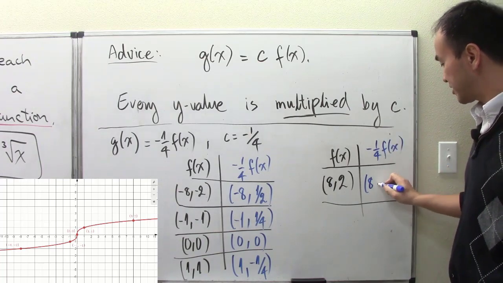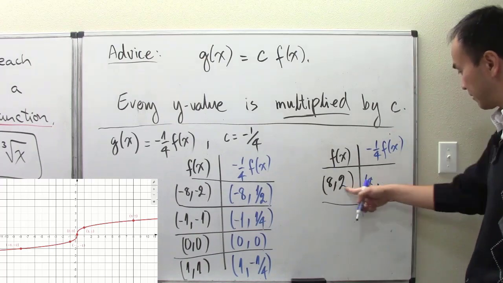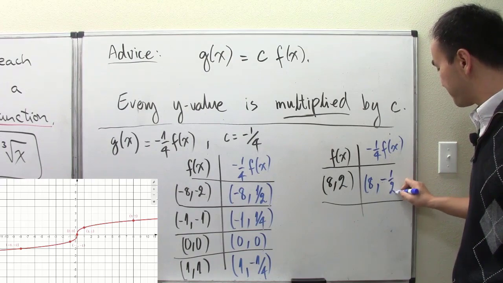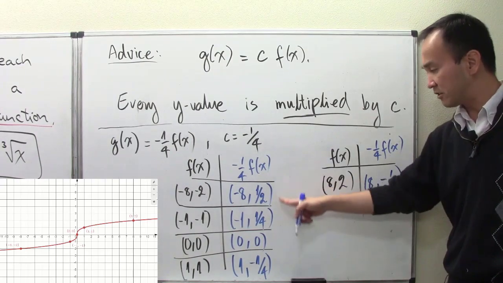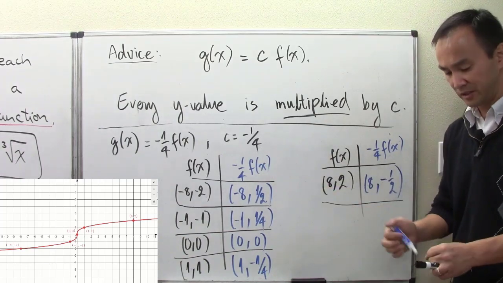So 8 stays the same because it's the x value, and now 2 times -1/4 gives me -1/2. All right, so that completes our guiding points on the transformed version of the original graph.